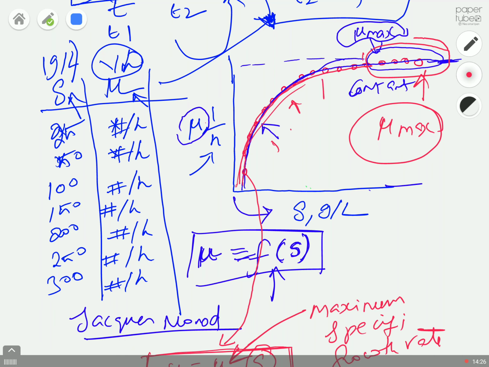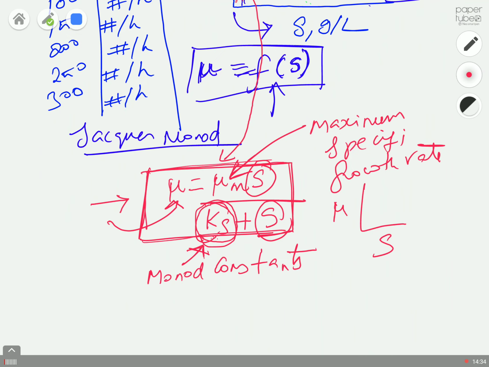There are no physical or theoretical assumptions behind this expression. All he needed was one simple function that can relate your specific growth rate with your substrate concentration. Though this equation is completely empirical, we can get some level of theoretical meaning from it.